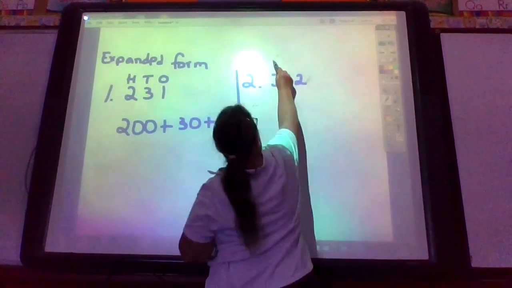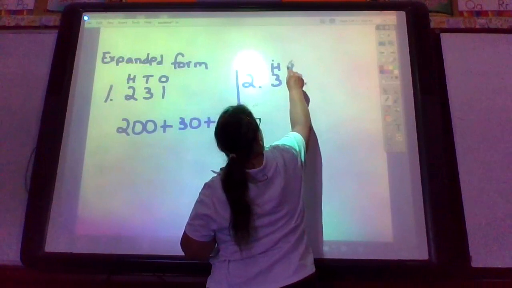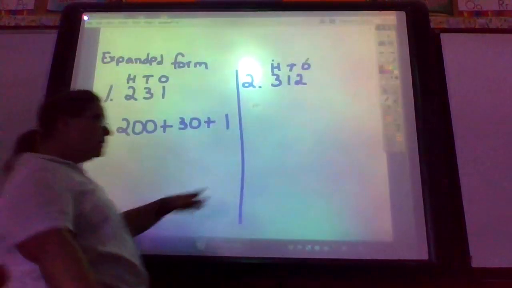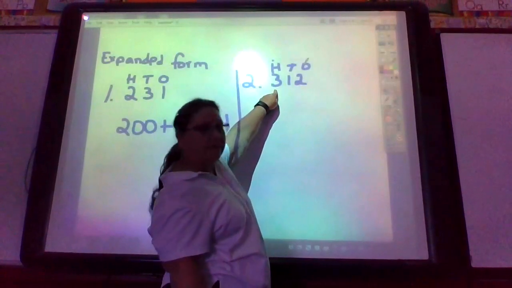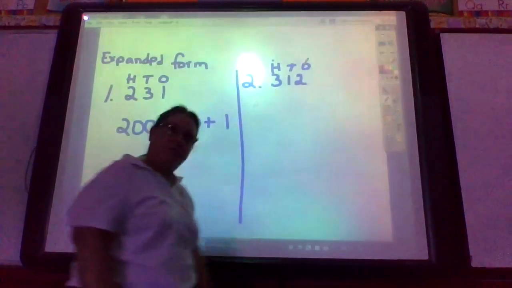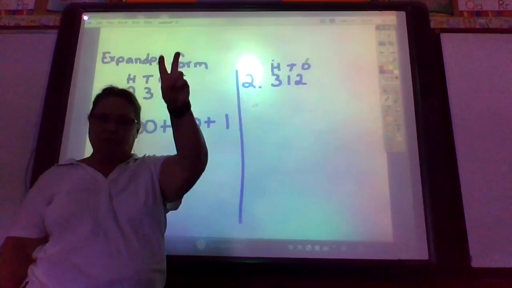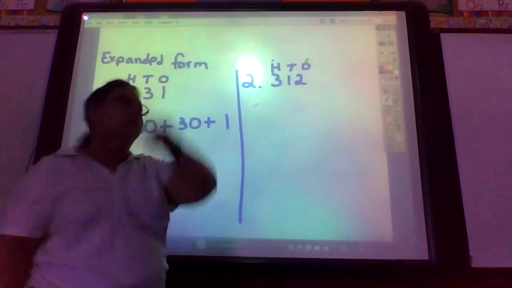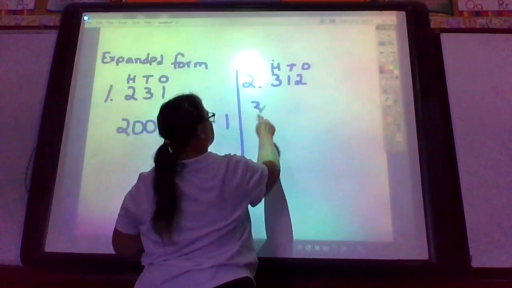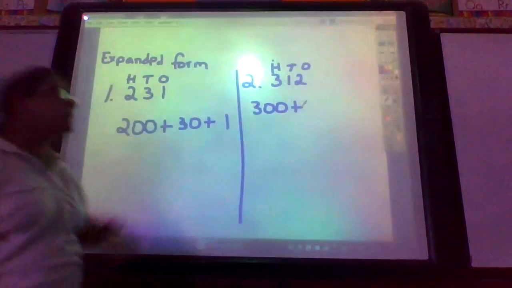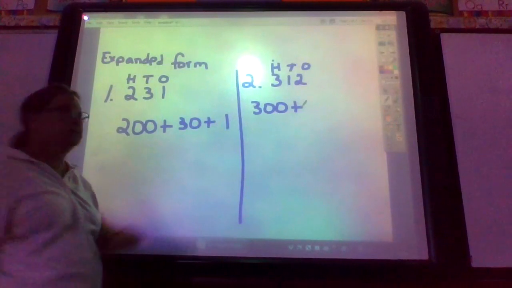So, I have hundreds, tens, and ones. How many hundreds do I have? I have 3 hundreds. 100, 200, 300. So I'm going to write 300 plus, because I'm going to add my other number to it.